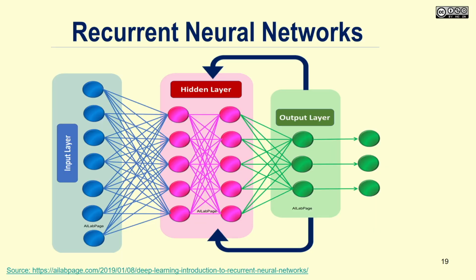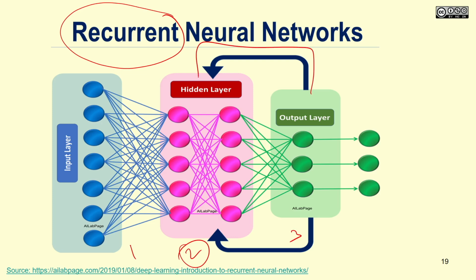The next important model is the recurrent neural network. By the name recurrent, you may understand that something is given back. The connection is something backward. Of course, it is also a three-layered structure where you may have a number of hidden layers, but it has one feedback connection.